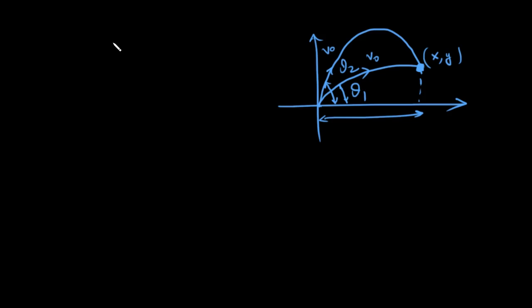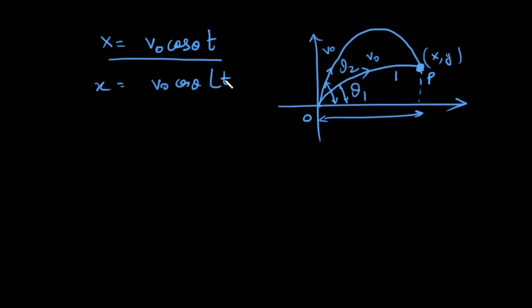Okay, what is the x coordinate of a projectile? It is v naught cos theta times t. Suppose this projectile takes a time t. This is the first projectile, and this projectile is thrown after time delta t. So for the first projectile, x equal to v naught cos theta 1 t, since it has taken time t going from 0 to P. The next projectile would have an x equal to v naught cos theta 2 times t plus delta t.